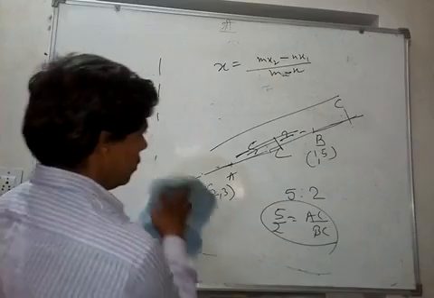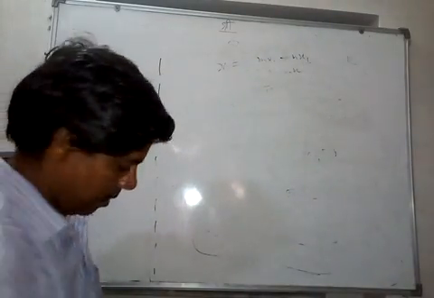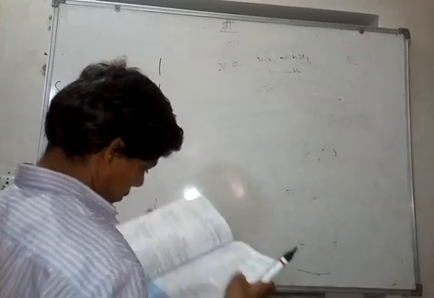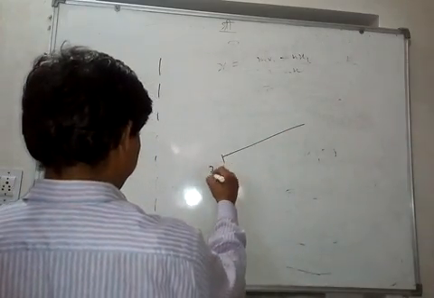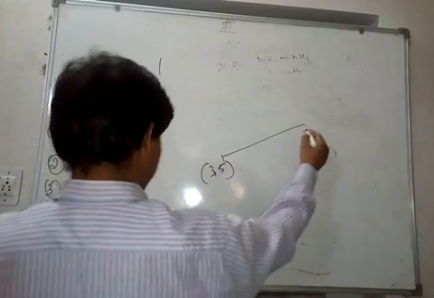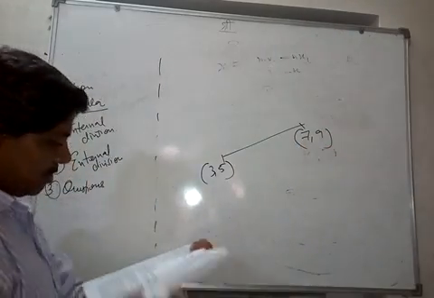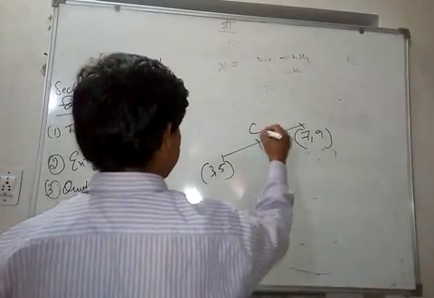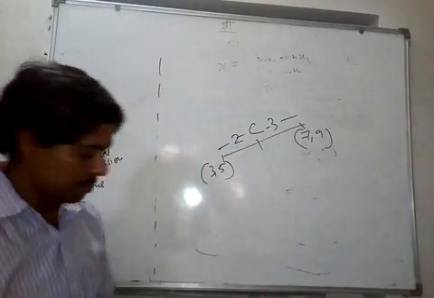So first we will do one question here. This is the point (3, 5). Another point is (7, 9), and the ratio is 2:3. So we need to find some coordinate C whose ratio is 2:3.